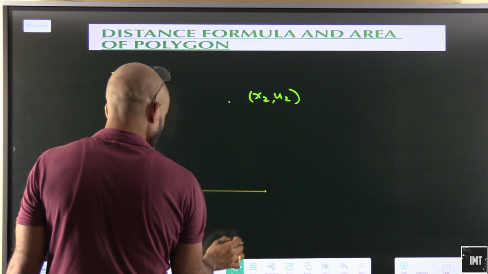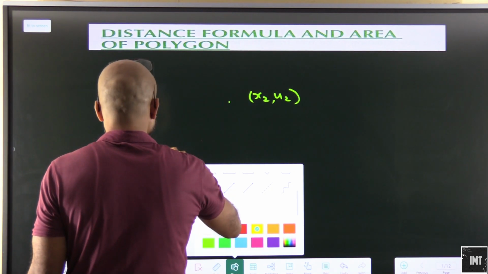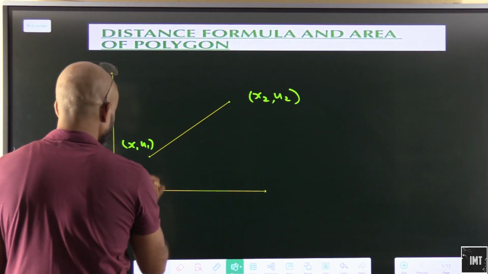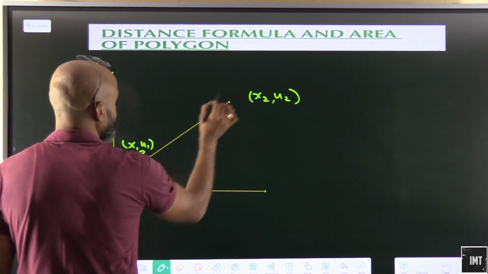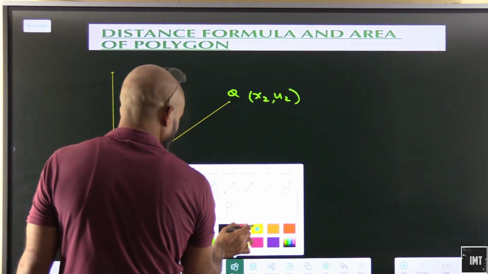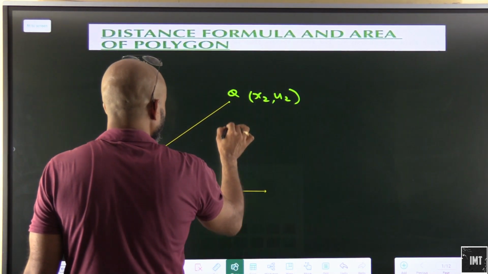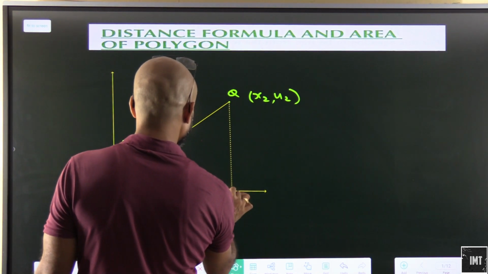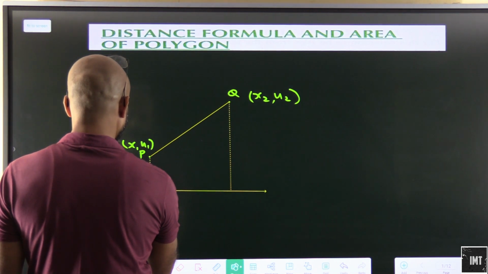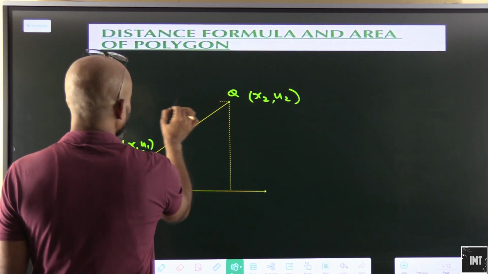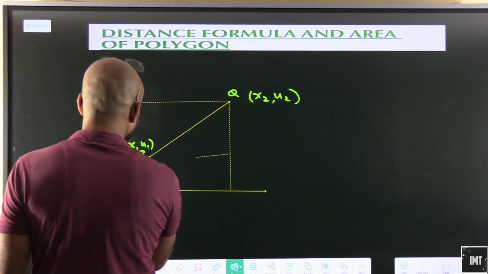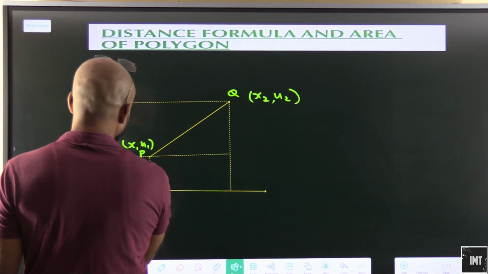So we have to basically find out the distance between, let's say this is a point P and this is a point Q, P and Q. So what we draw here is basically a perpendicular from Q to the x-axis, and obviously a perpendicular from here to here, and a perpendicular from here to here.